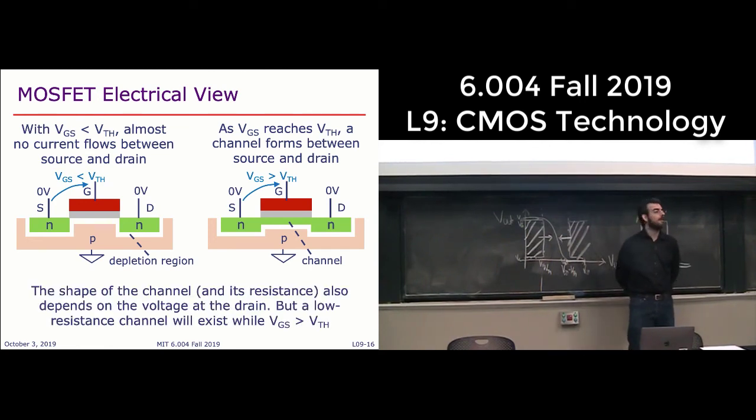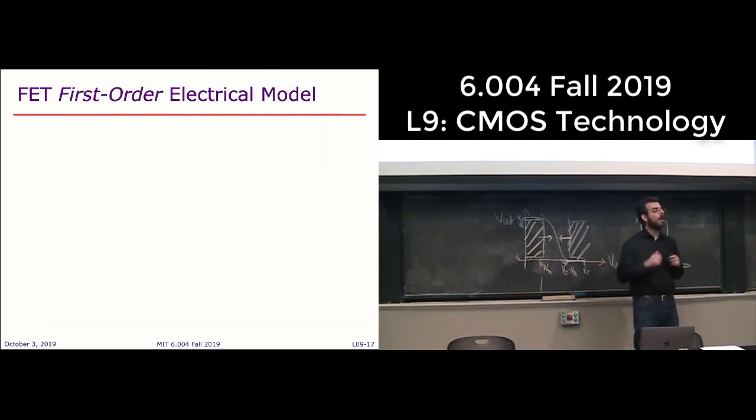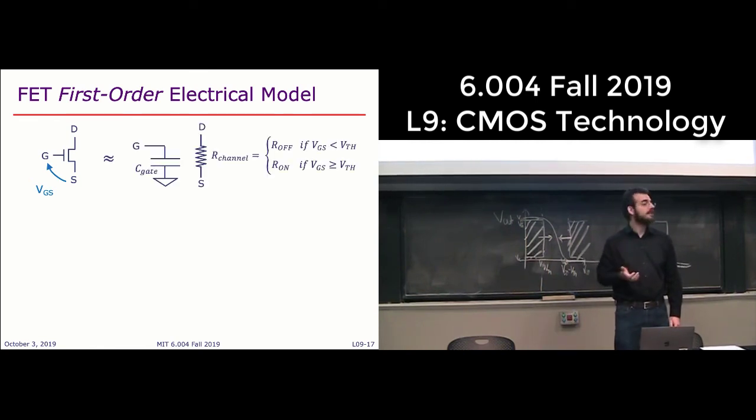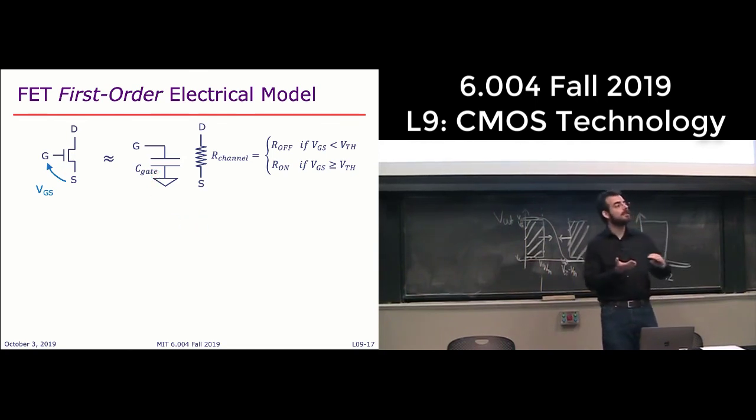Now, the shape of this channel is subject to all sorts of differences in the voltage between terminals, but we're going to ignore all of that, because all we need to know is that at an electrical level, a transistor is essentially modeled as a capacitance, because the gate terminal has this dielectric, so it's just like a parallel plate capacitor, and then a resistance between the source and the drain.